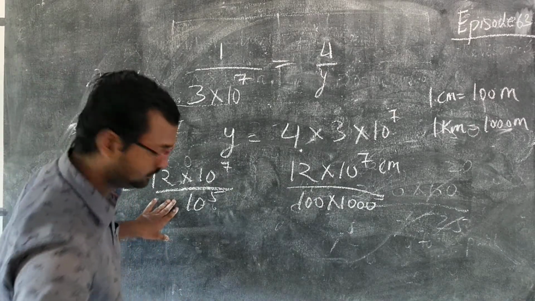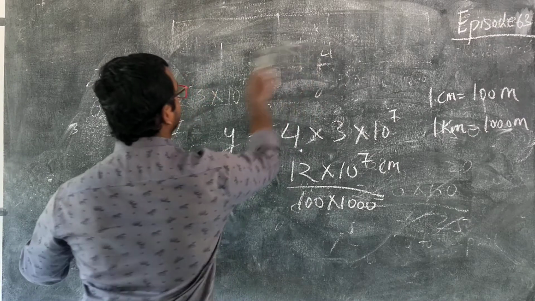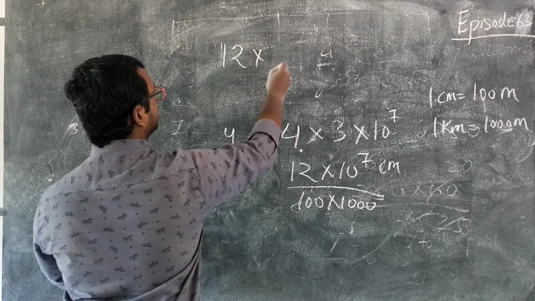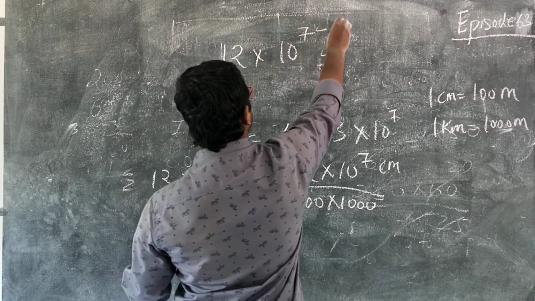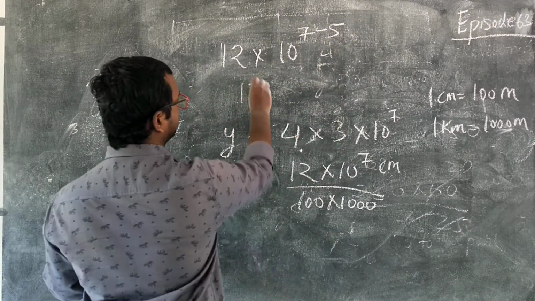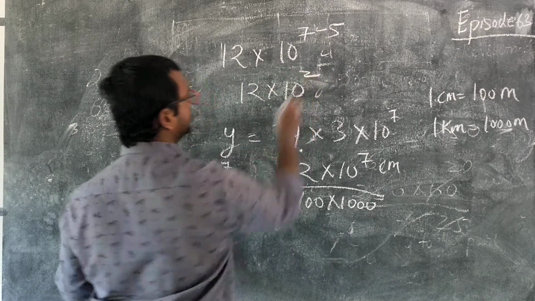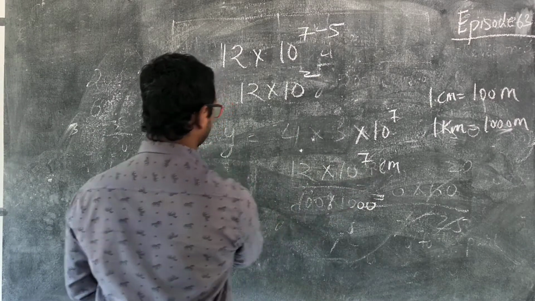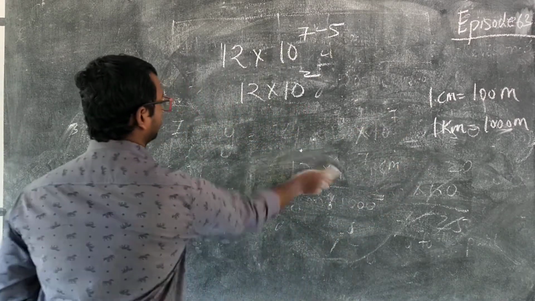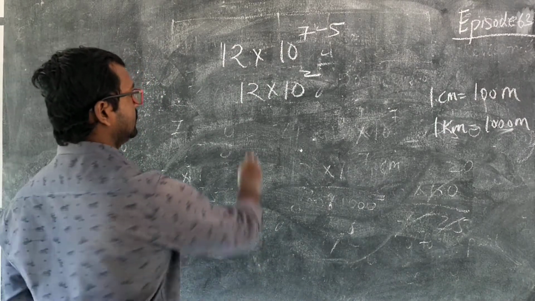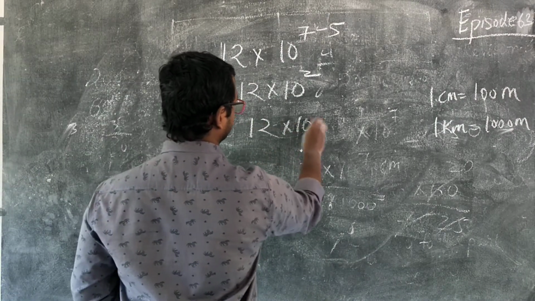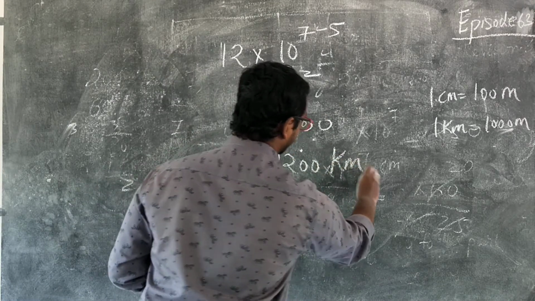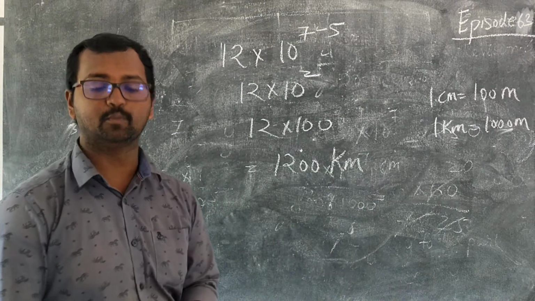So here we get 12 into 10 to the power 7 minus 5, which is 12 into 10 power 2. 12 into 10 power 2 is how much? 12 into 100, which is equal to 1200 kilometers.